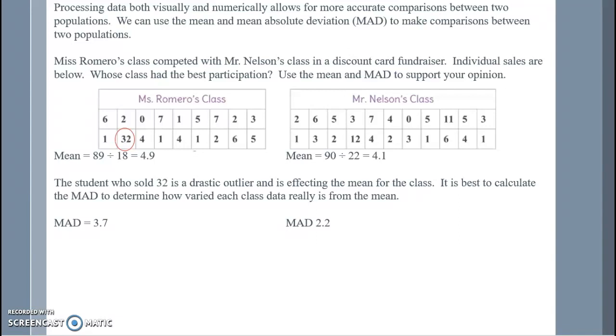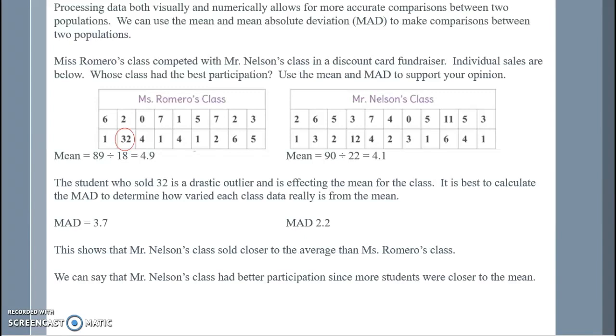And we get 3 7/10 for Mrs. Romero's class and 2 2/10 for Mr. Nelson's class. I can see that Mr. Nelson's class sold closer to the average than Mrs. Romero's class because the number is smaller. Therefore, we can say that Mr. Nelson's class had better participation since more students were closer to the mean.